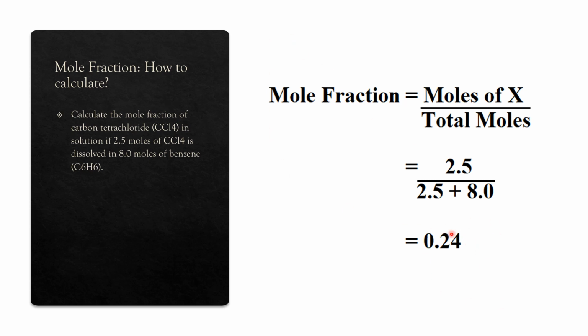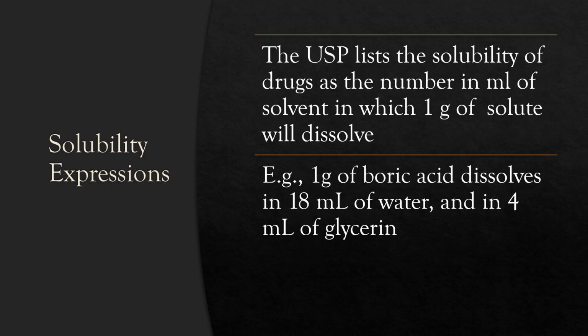Since this is a ratio, we do not have a unit for mole fraction. Another way to express the solubility of a compound is by expressing it as the number in mL of a solvent in which 1 gram of a solute will dissolve.